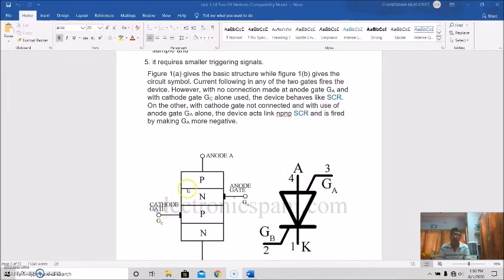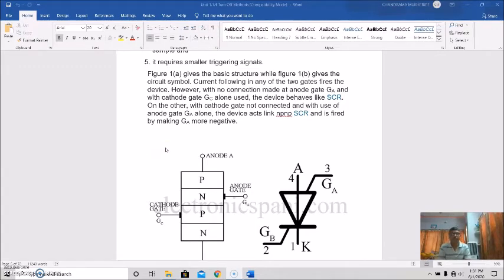In case of SCR, when we want to turn on or fire the SCR, the gate is triggered. Here also it has two gates, anode gate and cathode gate. So any of the two gates can be fired and current flows.